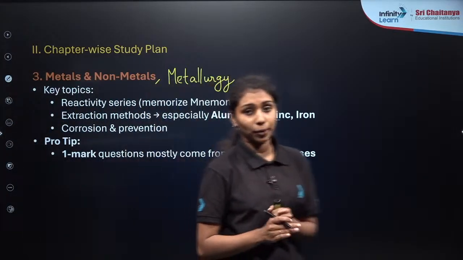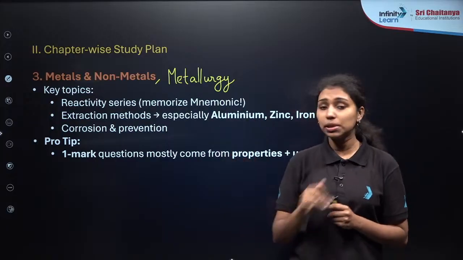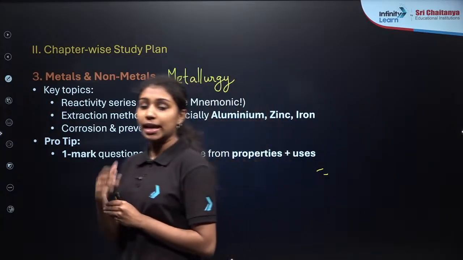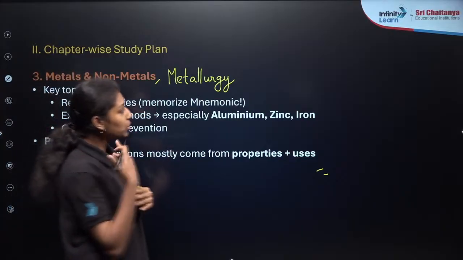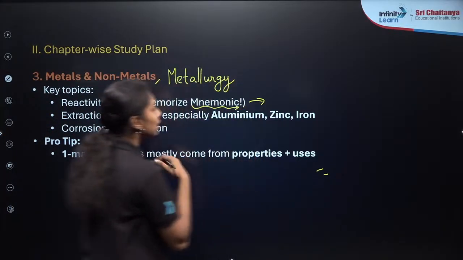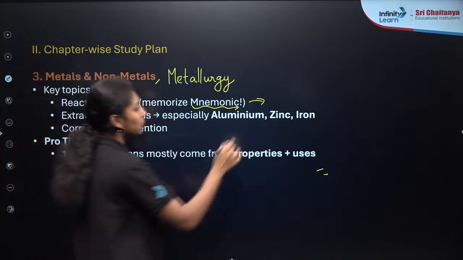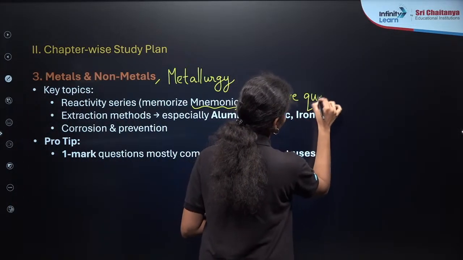Reactivity series is very important because depending upon the reactivity series, we are going to discuss complete questions from metals and non-metals. As we already know, you have already studied the reactivity series of the metals. You can use any mnemonic to remember the complete reactivity series. That is very important. You can expect more questions based on the reactivity series.